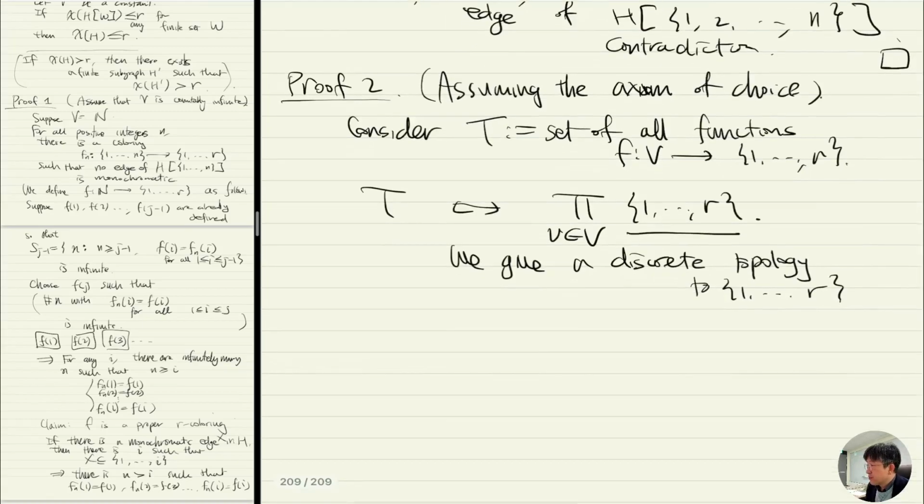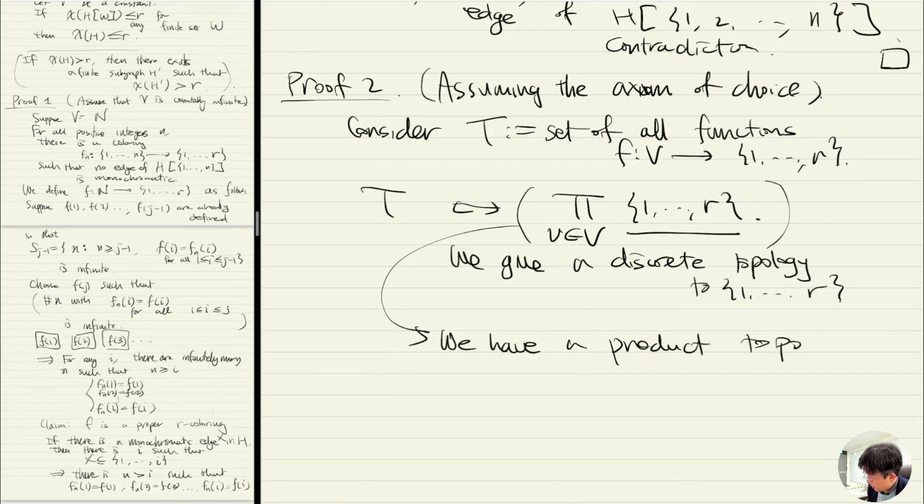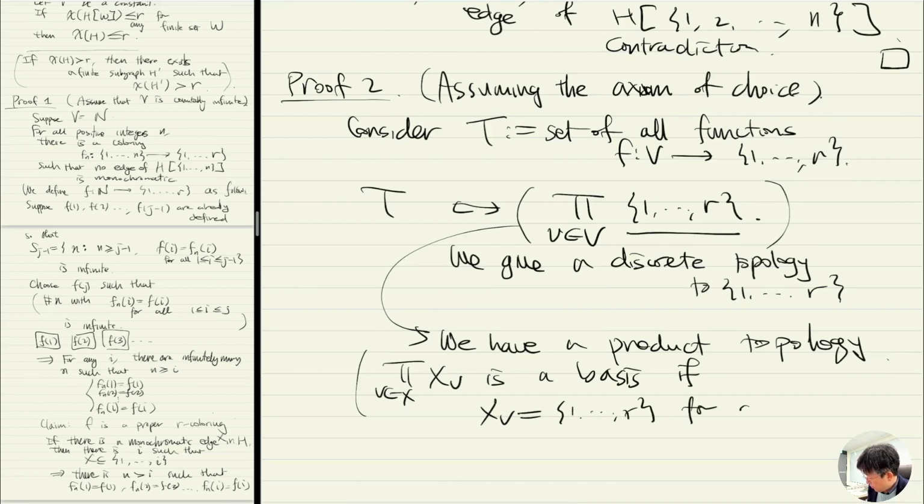Then for this product, we have a product topology, meaning that we have a basis. A product of sets X_v is a basis element if X_v is equal to 1 up to R for all but finitely many v.